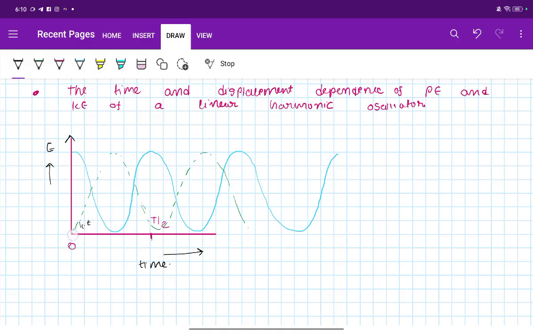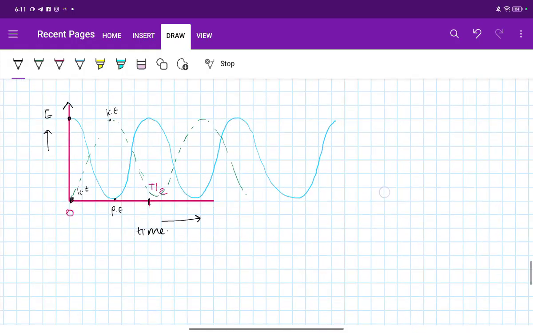So when kinetic energy is zero, potential energy is maximum. At this point, potential energy is maximum. Sorry, kinetic energy is maximum, but here potential energy is zero. So this is the relation of energy, and its period is T by 2. So it is occurring after T by 2. This is the graph between energy and time.